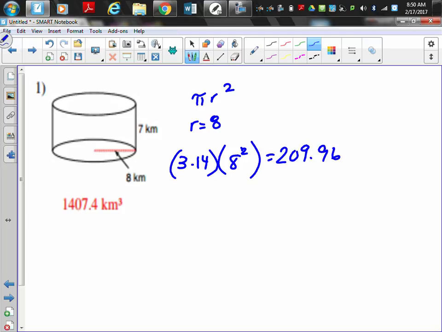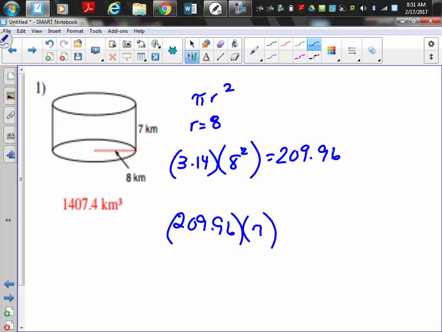Alright, so it's supposed to be 200.96. Just hold on. That's the area of my bottom. So I know I have 7 stacks, and one stack is 200.96. So I have to take my answer and multiply it by 7.